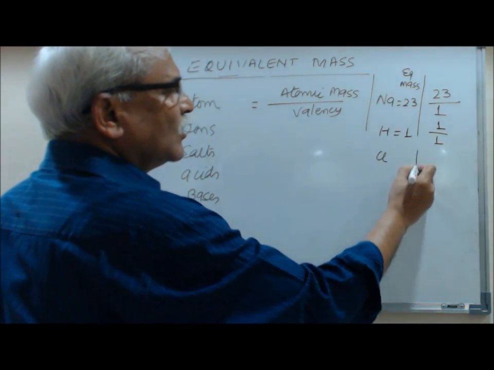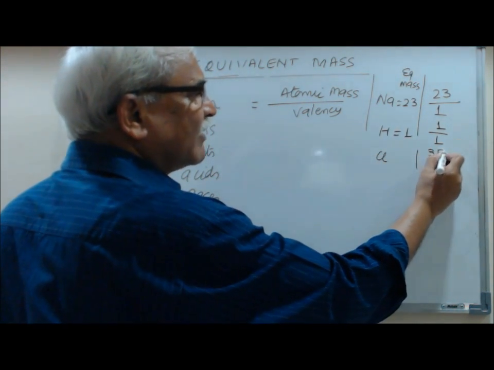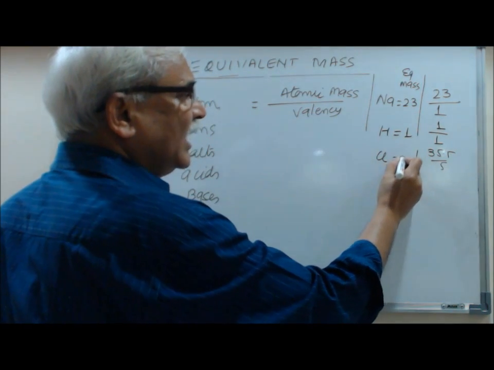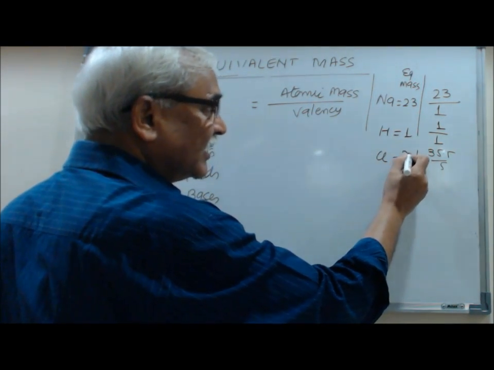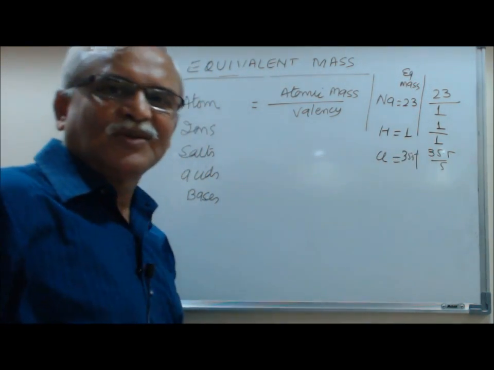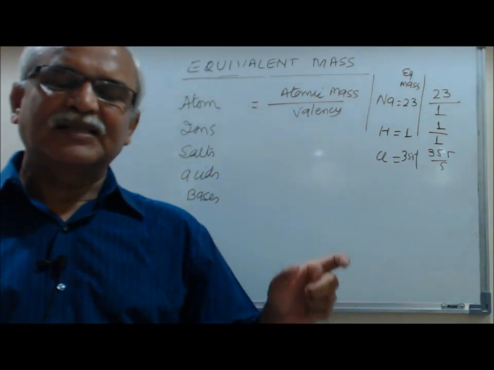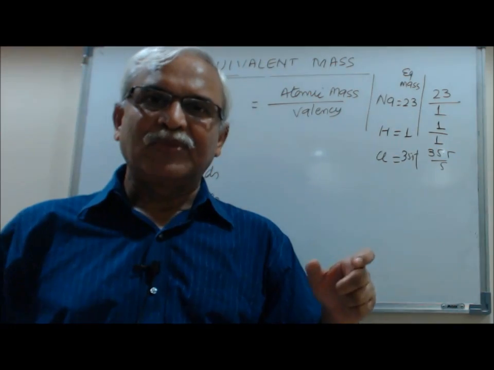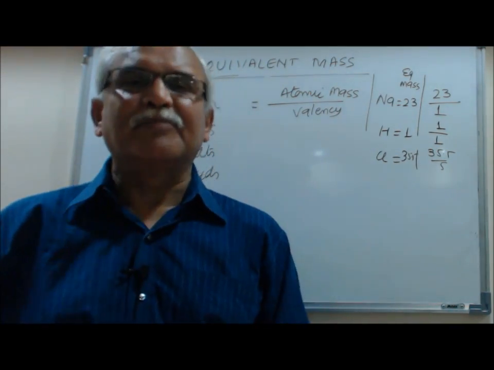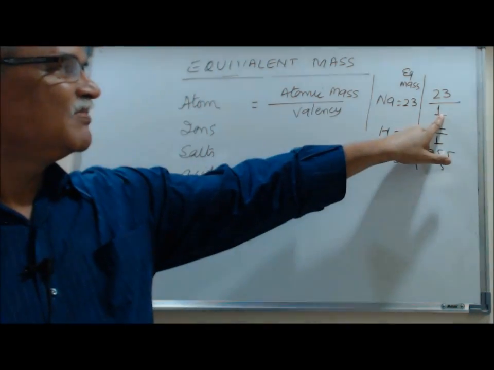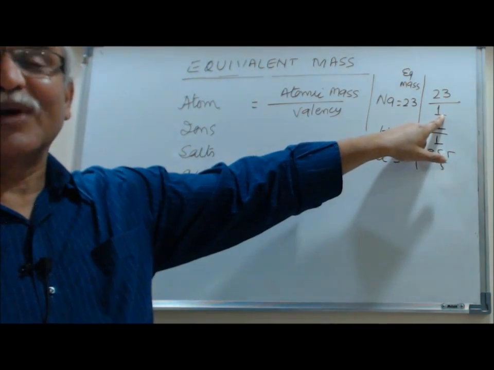Chlorine atomic mass is 35.5 and valency of chlorine is 1, so equivalent mass also becomes 35.5. So it was not surprising that in some cases we found that atomic mass and equivalent mass were same. Converse question, when will they be same? Obviously when the valency of the atom is 1.